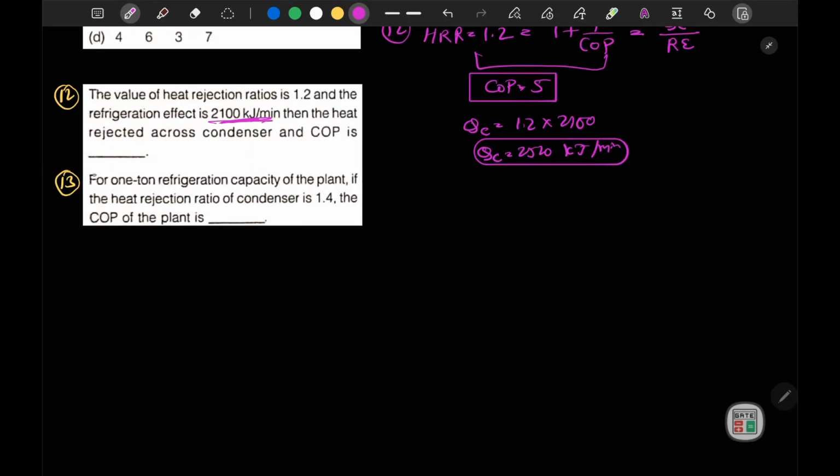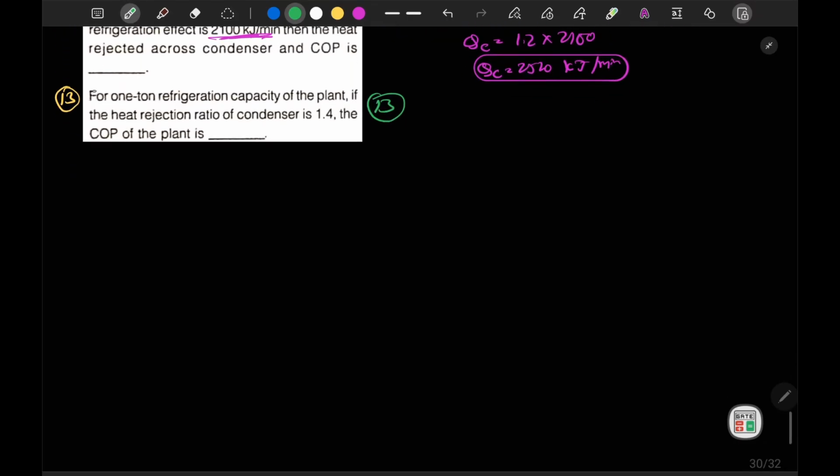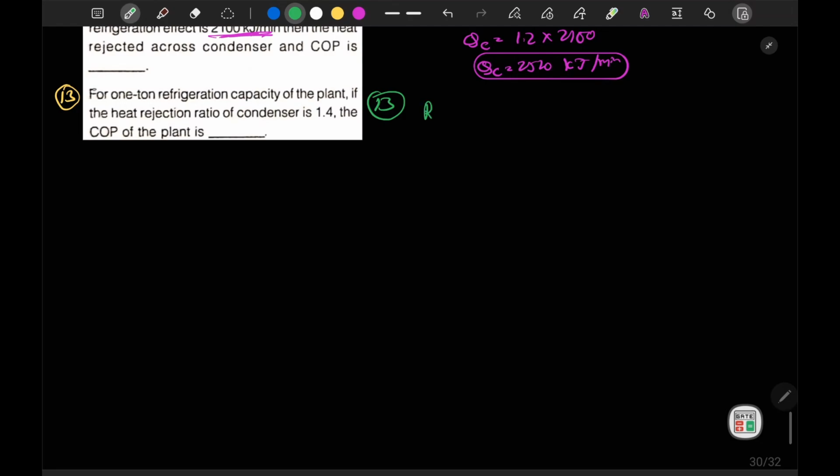So now moving to next question number 13. In question number 13 it is mentioned, for a 1 ton refrigeration capacity of plant, refrigeration capacity is given as 1 ton, 1 TR, so it will be equal to 3.5 kilowatt. Now the heat rejection ratio of condenser, that is QC by refrigeration effect, is given as 1.4.